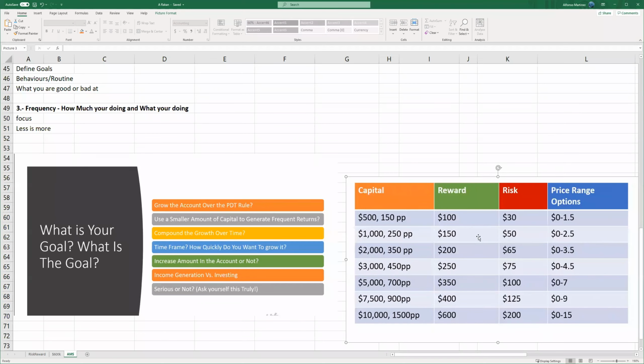For example, if you have $2,000 and you're playing the Captain Lots, you cannot risk more than $150 per trade, right? But since we are playing swings, that trade is not gonna be 0 because we're not gonna wait until expiration to get out. So that's different. That's what I'm telling you.